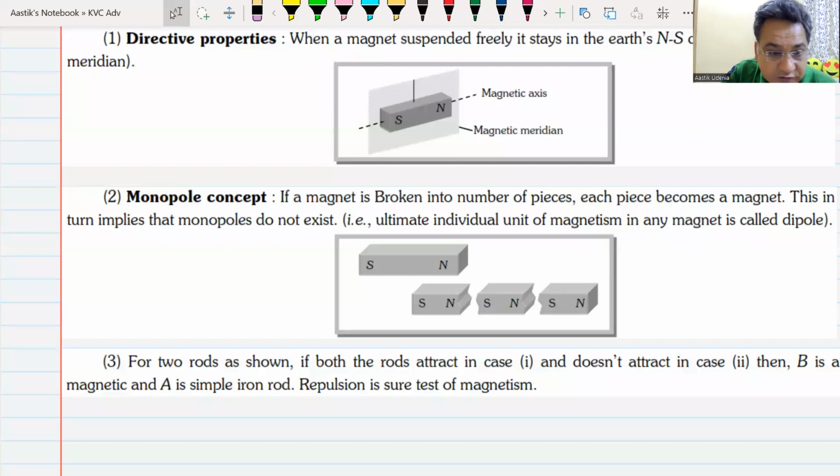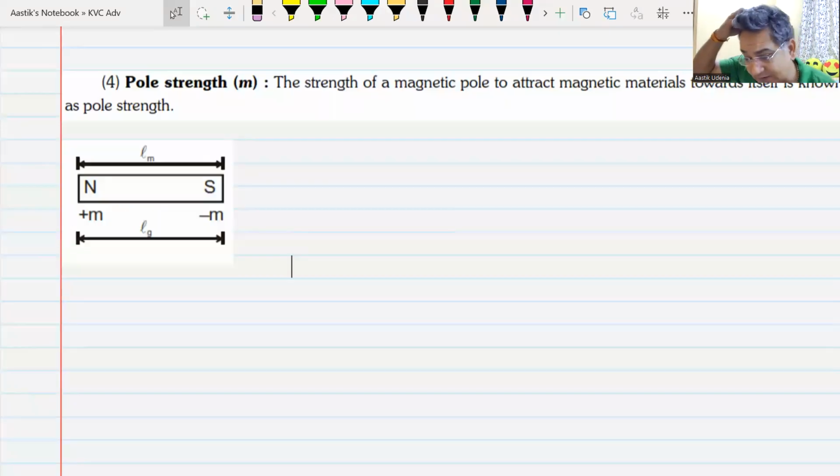The pole strength of a magnet is the ability of this magnet to attract other magnets or magnetic substances. This is represented by the small letter m, as you can see.